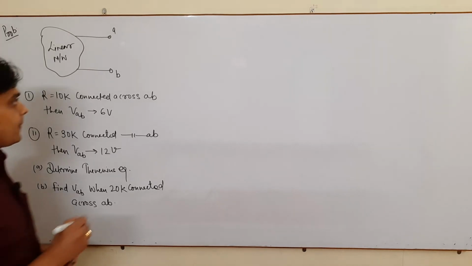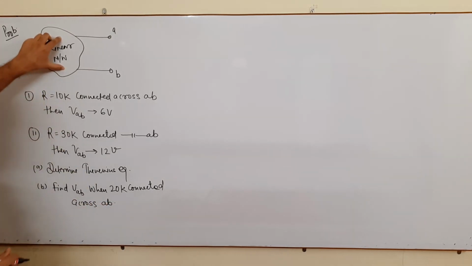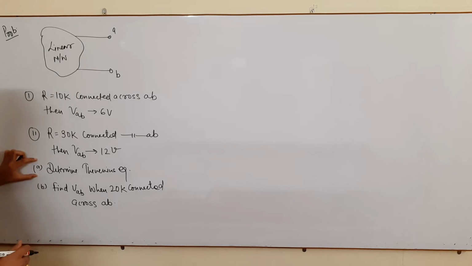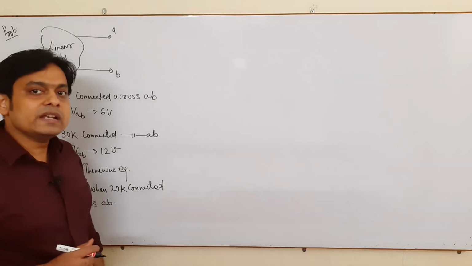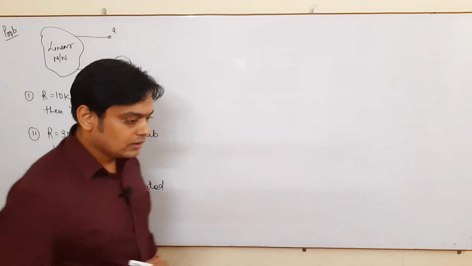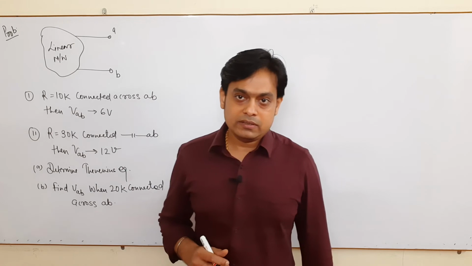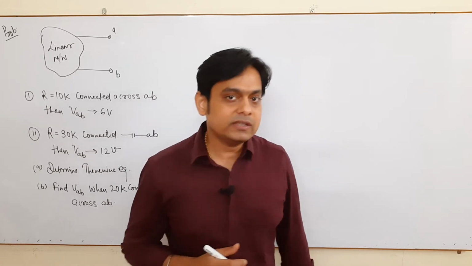So we will see, if this is a linear network and one can ask about finding the Thevenin's equivalent, we have to consider that this linear network is basically a Thevenin equivalent network, and accordingly we will solve this problem.